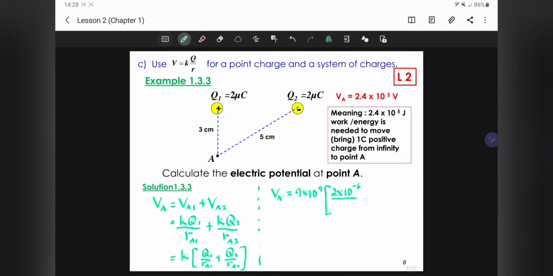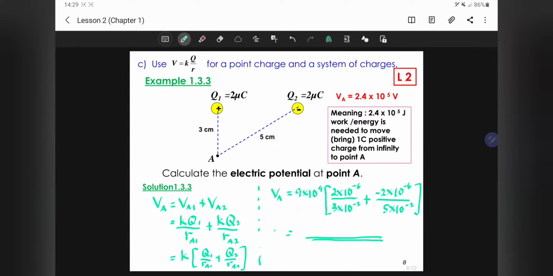Remember, for any calculation, we need to convert it to meters, so it equals 3 times 10 to the power of negative 2 meters. Plus Q2. Q2 is negative 2 micro, so we need to put the negative sign here, since it is a scalar. Then over the separation, which is now 5 centimeters, which is 5 times 10 to the power of negative 2. Giving you the answer.